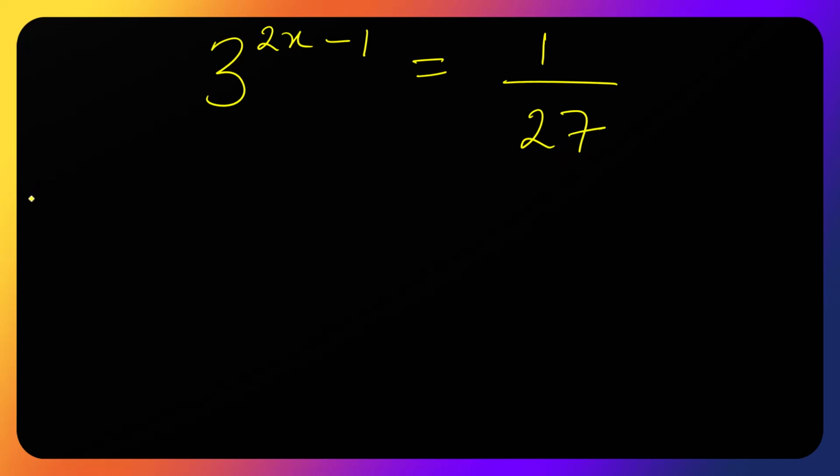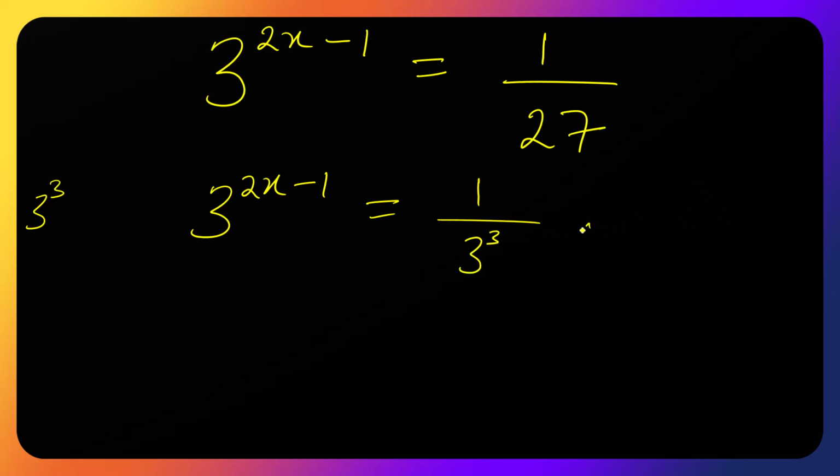So 27 is the same as 3 cubed, because 3 times 3 times 3 is 27. In place of 27, I'll put this there. So we have 3 to the power of 2x minus 1 equals 1 on 3 to the power of 3.